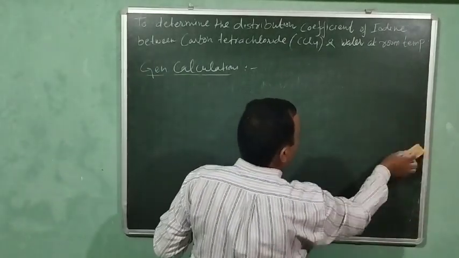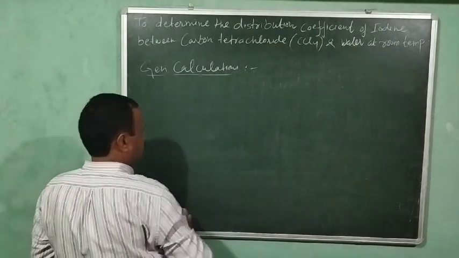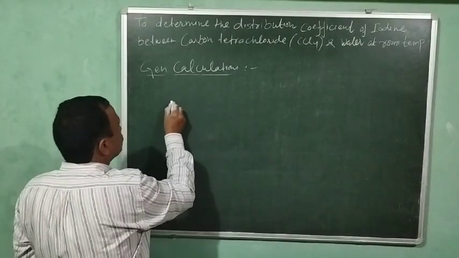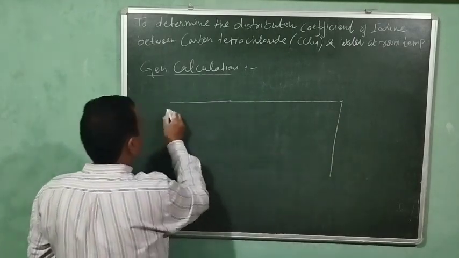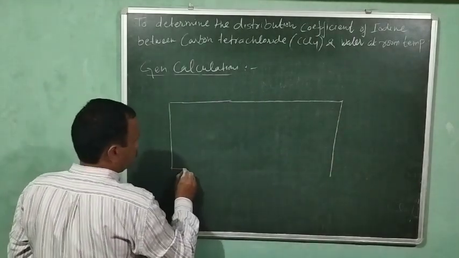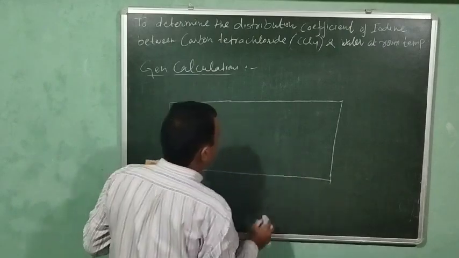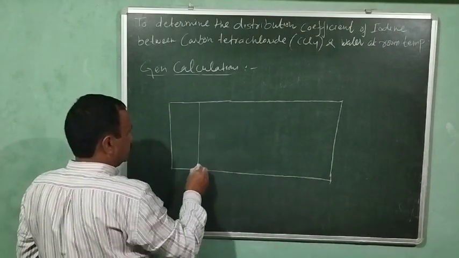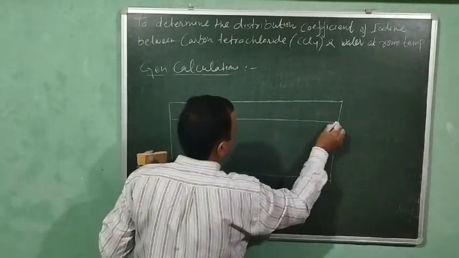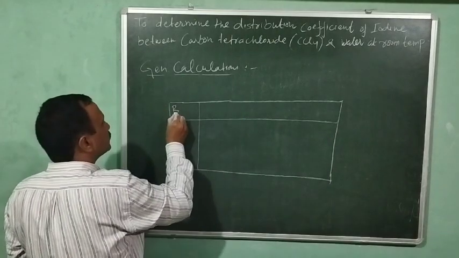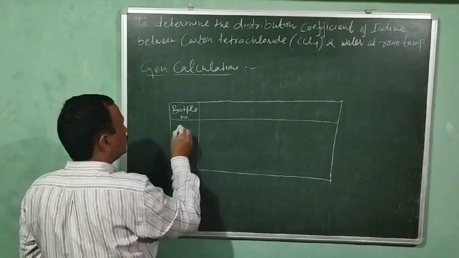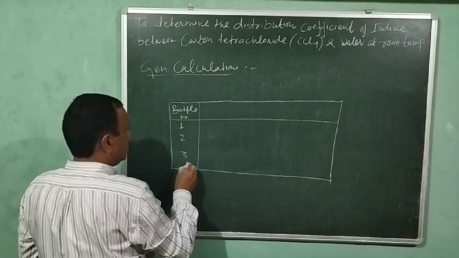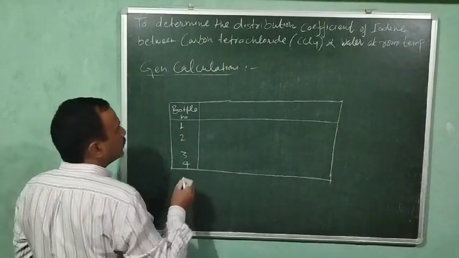So let us draw the table here. This will be your table, and again here we will have your bottle number, that is 1, 2, 3 and 4.